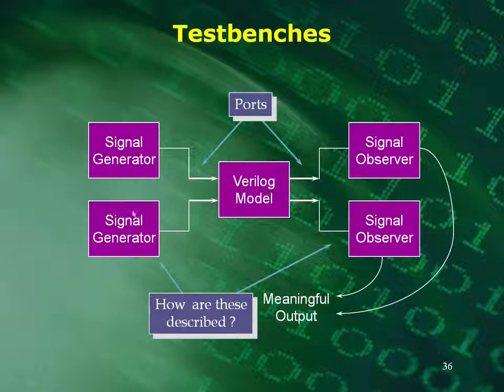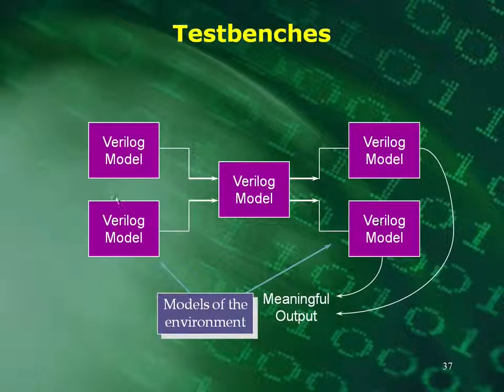So the question is how do we describe this type of stuff in Verilog so that we can see some meaningful output and see if our model is doing what we want it to? These of course would be our ports that we've talked about in the past, the connections, the in and out. So we use Verilog to describe these types of things, creating Verilog models of our environment along with our Verilog model of what we're trying to create.